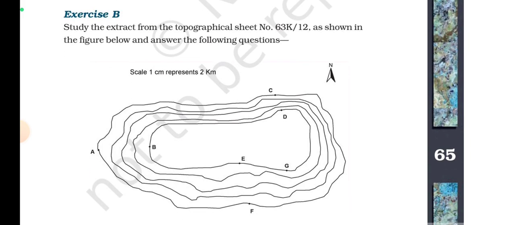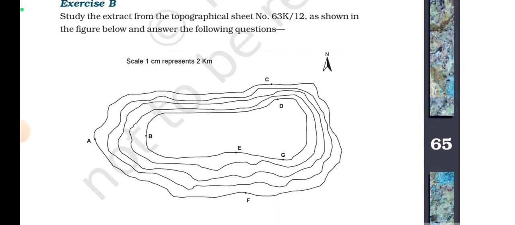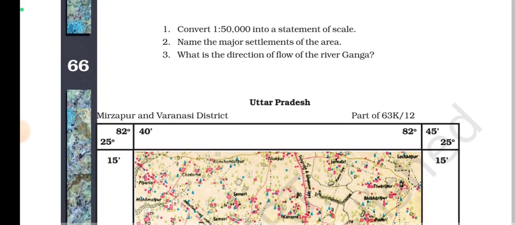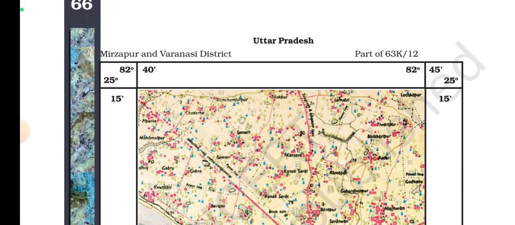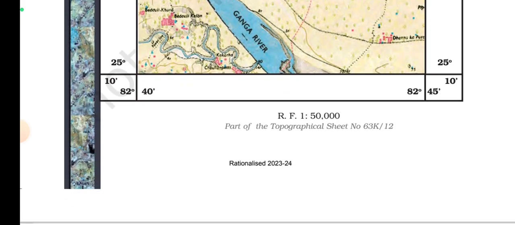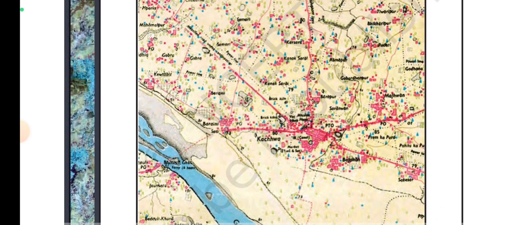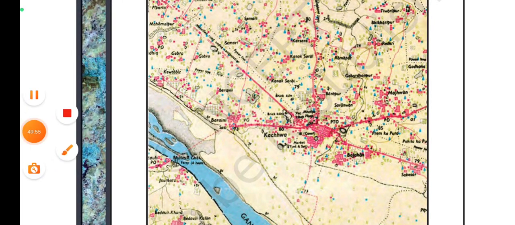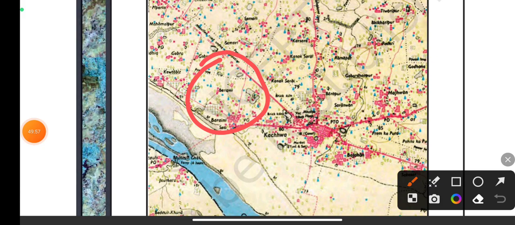Exercise V, study the extract from the topographical sheet number 63K/12 as shown in the figure below and answer the following questions. Talking about this map 63K/12, you can see in your exam a map will be given like this. There are no signs given, right? So definitely in your exams, you cannot interpret if this is a settlement.